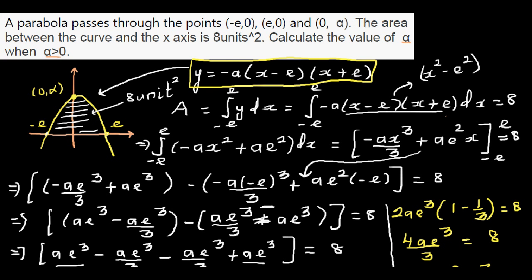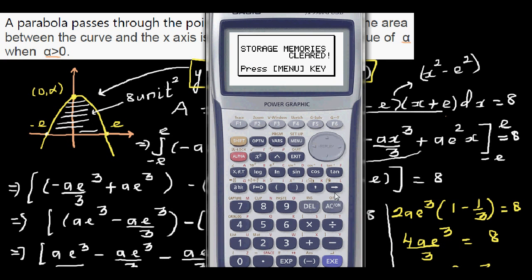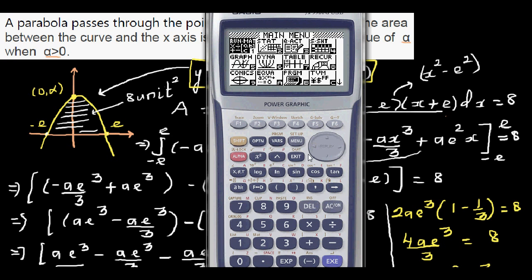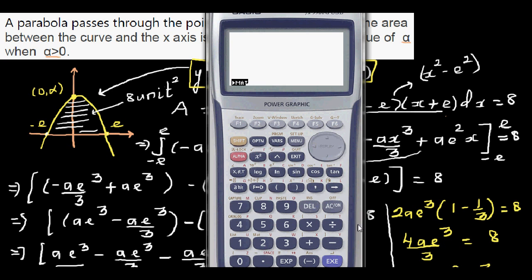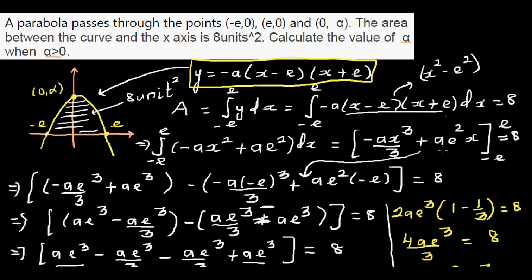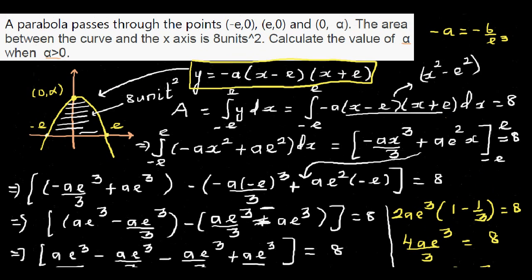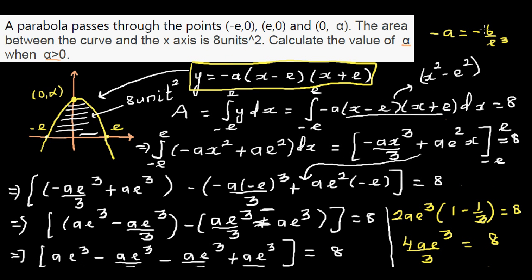Let me show this on a graphic calculator, for those who have one. First go to run. Negative a would be minus 6 over e cubed, because a is 6 over e cubed.